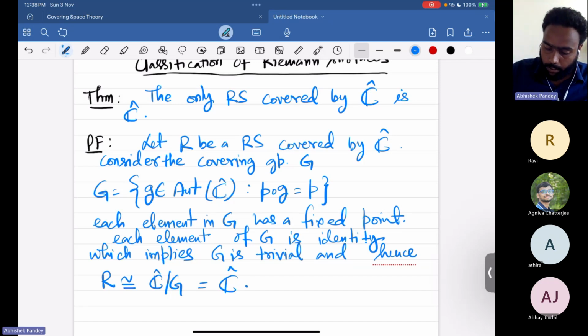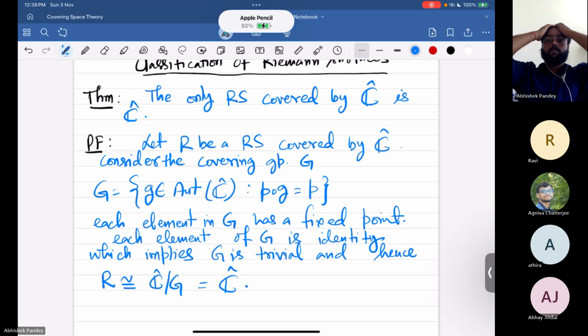Okay, so along this line, I will mention two results, but the proof is very algebraic and complicated, which we will do later. Is it the same for the unit disk and the complex plane? That is what I'm going to mention. The main point is that an automorphism of C hat has at least one fixed point.